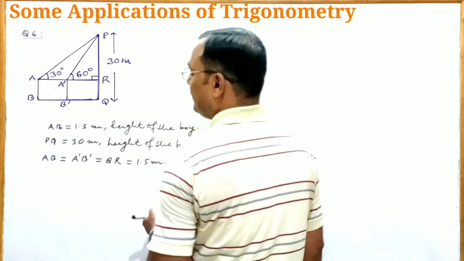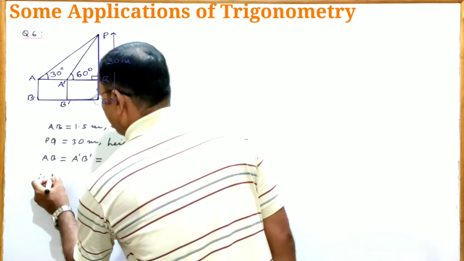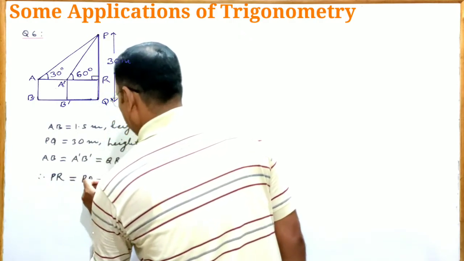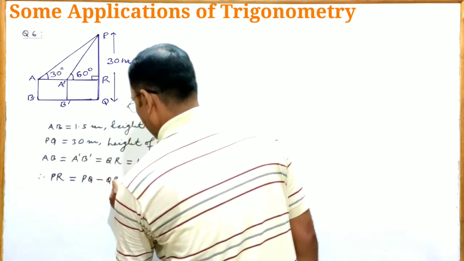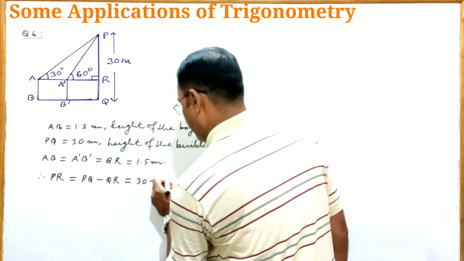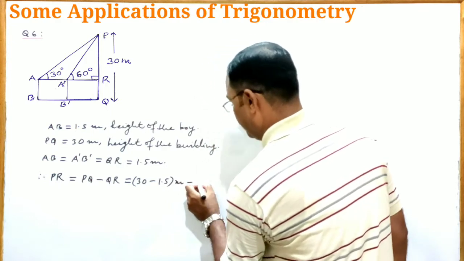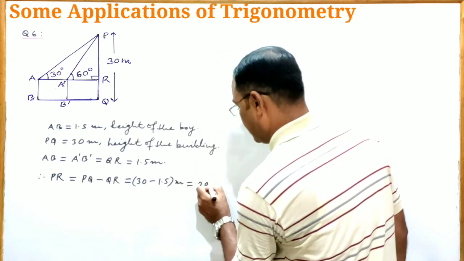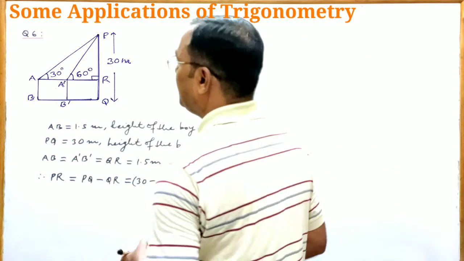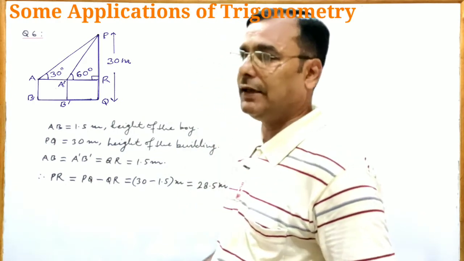PQ is already given, the height of the building, 30 meter, so therefore PR is equal to PQ minus QR. So 30 meter minus 1.5 meter equal to 28.5 meter.